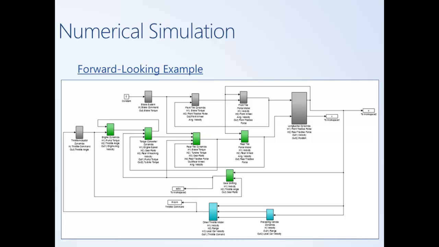Here's an example of a forward-looking architecture. And so in this case, there is the drive schedule. The drive schedule is built in to this model of what we're saying is the preceding vehicle and this model of the driver. And so we're not presuming that the vehicle can actually meet the velocity and accelerations prescribed by the drive schedule.